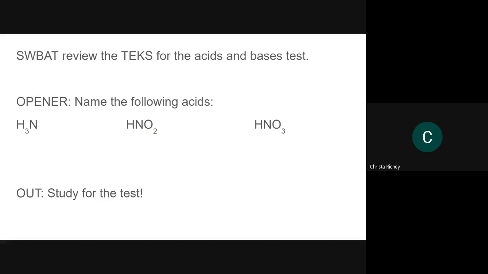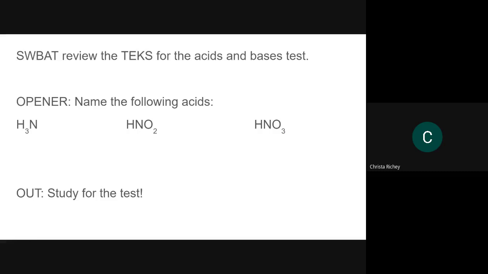Okay, these all have the same parent element. They're all acids. I know they're all acids because they start with hydrogen. So the root word for this acid is going to come from which element then? Nitrogen. So it's going to have NITR, some way, shape, or form as part of the name.